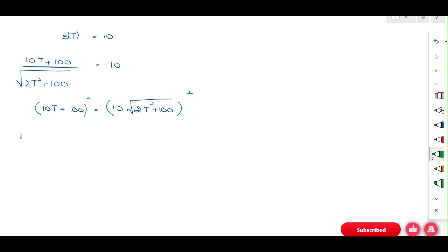We can say (10T) square plus 100 square plus 2 into 10T into 100. So I opened (a plus b) whole square: a square plus b square plus 2ab. And here we have 10 square, and root 2T square plus 100, its whole square.